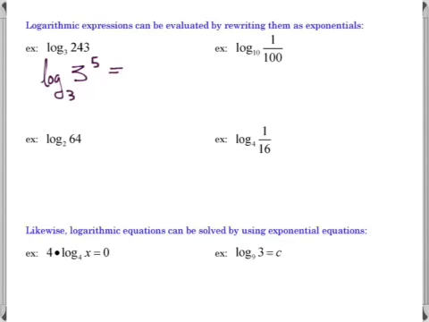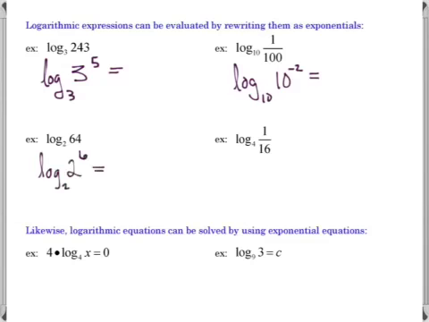Alright, so let's do a bunch of them real quick. If we read it, it looks confusing, but this is asking for a power. It's saying, what power do I raise 3 to and get 3 raised to the 5th power? Well, it should be pretty obvious that is 5. This one is saying, what power do I raise 10 to and get 10 to the negative 2?